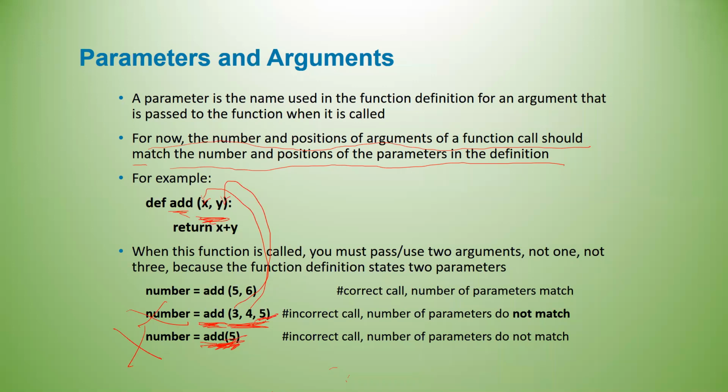So the number of arguments and the position, if they have different data types, right? The position have to match. If they don't match, it won't compile. Any questions about this, everybody? The return doesn't have to be in parentheses? No, you can.